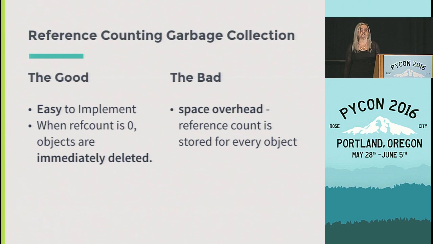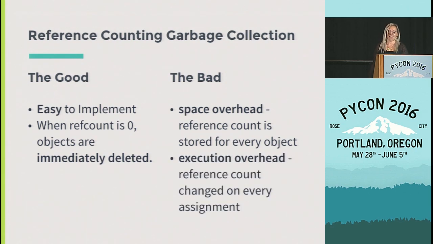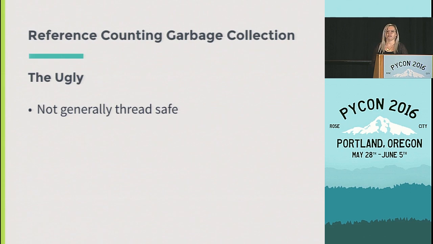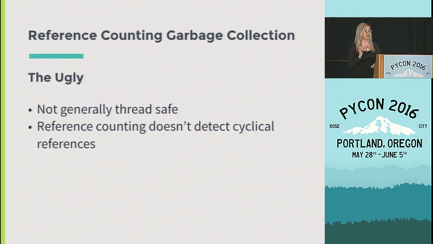And there's execution overhead too, because that reference count is changed on every assignment. And unfortunately, there's a pretty ugly side to reference counting as well. It's not generally thread safe. And reference counting garbage collection does not detect cyclical references.